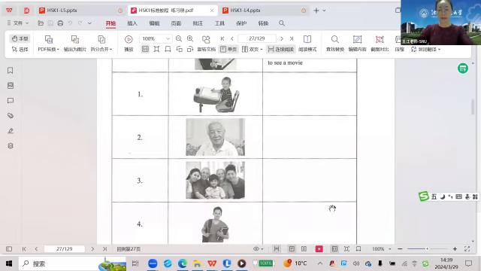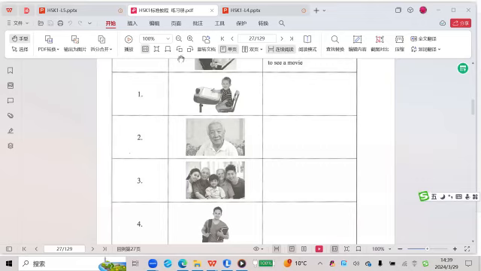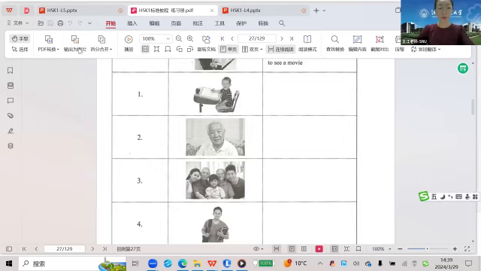Okay, so let's check the answers together. Number one, is it right or wrong? Wrong. Why? What did we hear? Daughter, yes, very good. We heard 女儿.